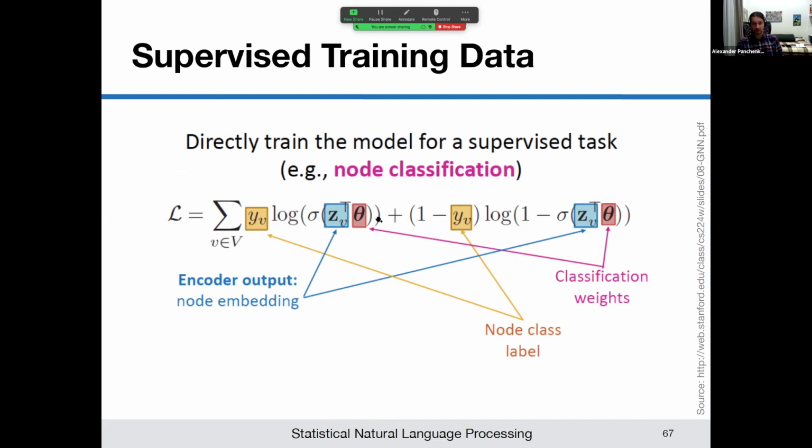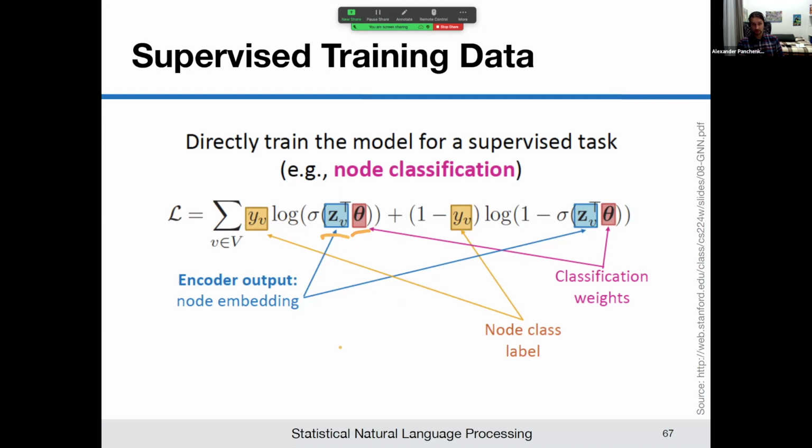So you can just have binary labels in this network and train some usual objectives such as logistic regression or cross entropy objective, and optimize these parameters and node embeddings.